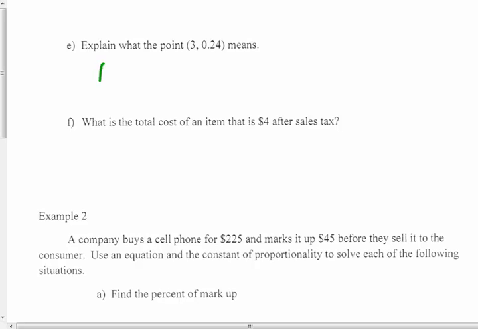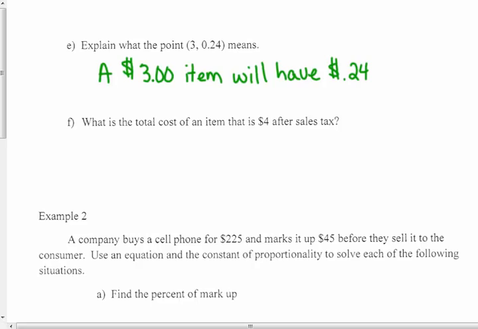So a $3 item, or an item costing $3, will have 24 cents, and I can write it with the dollar sign and the decimal point, or no decimal point and the cent sign, 24 cents, tax on it, or tax added on. That's what those points mean.